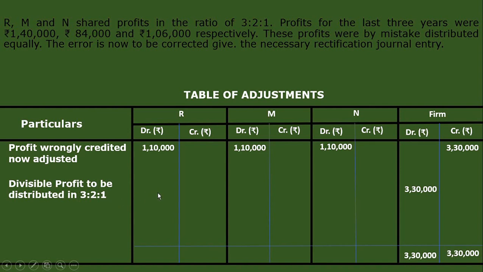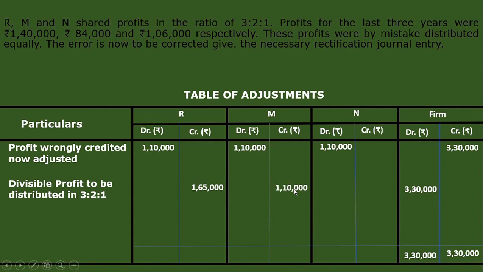So how much will Mr. R get, and which side should we write this on? As it is a profit, we have to write it in the credit side. So 1,65,000 for R. How did I get it? 3/6 into 3,30,000. That will come 1,65,000.